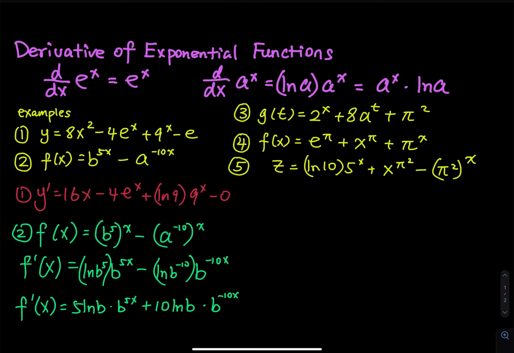Okay, so number 3, we have g of t equals 2 to the x plus a to the t.